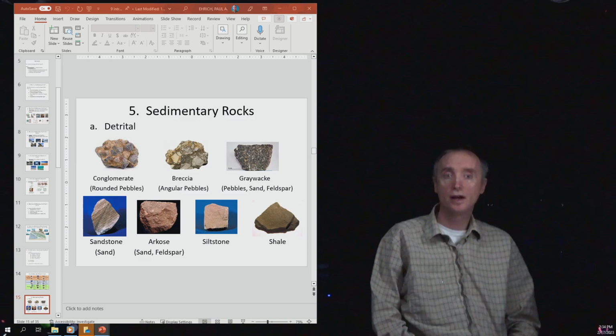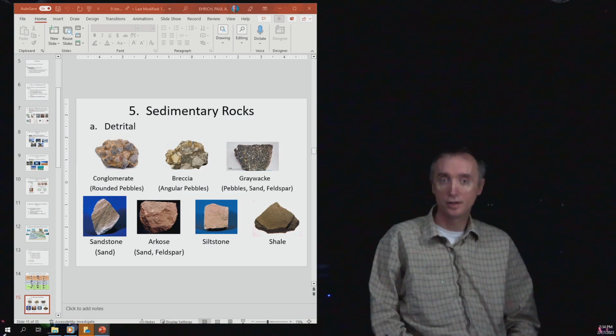Okay, then you've got the greywacke. So the greywacke is going to be composed of, you can see there's some pebbles in there, there's some sand in there, and then there's some clay in there, and some feldspar. So it's just a jumble of all sorts of different kinds of rocks put together.